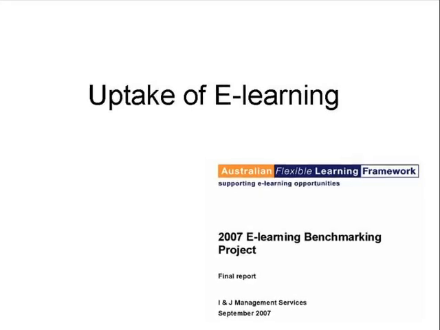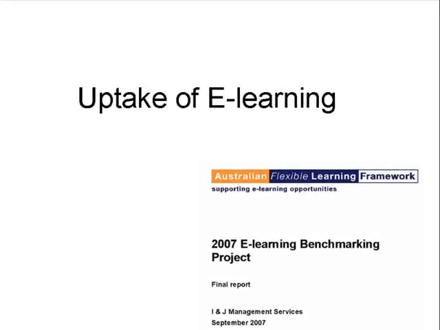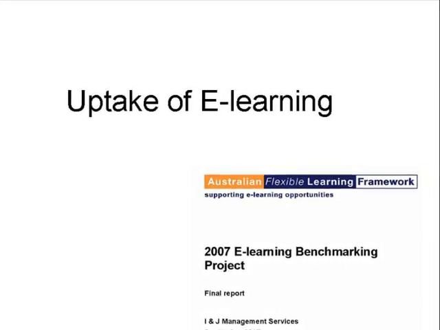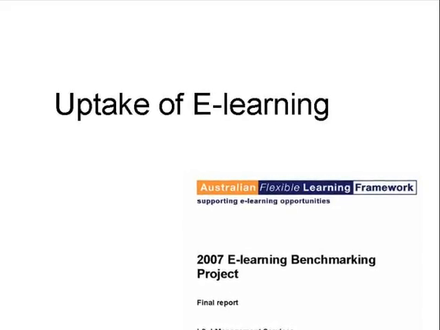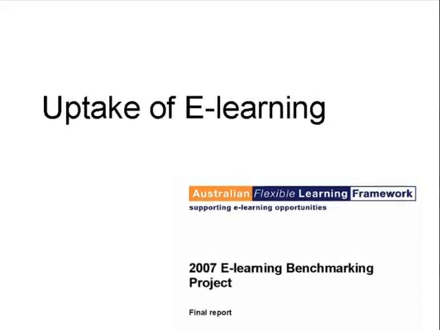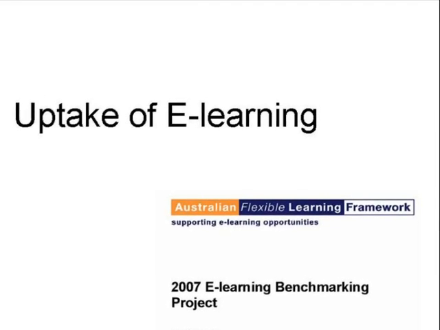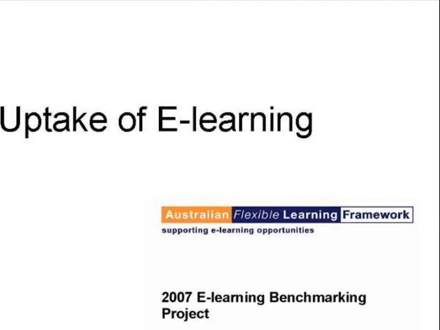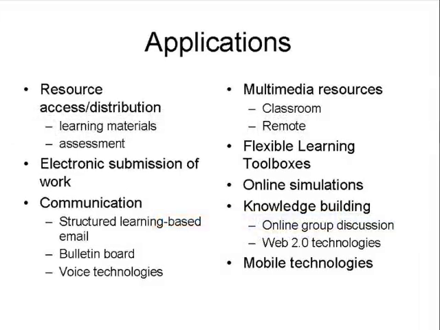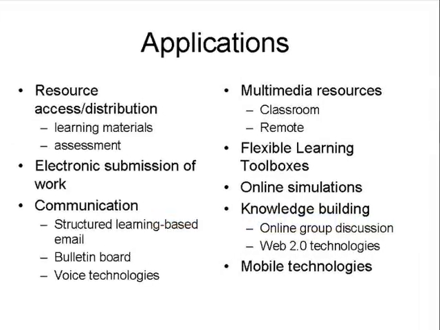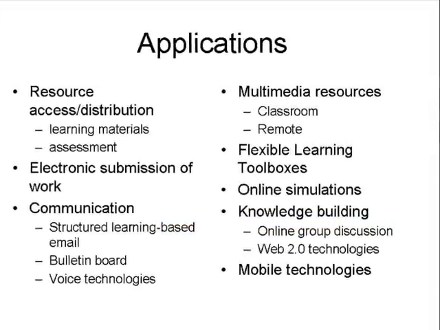A more broad-based survey of the uptake of e-learning in the Australian vocational system has been undertaken since 2005 in what has been called the e-learning benchmarking project. This survey takes a very broad view of the definition of e-learning.